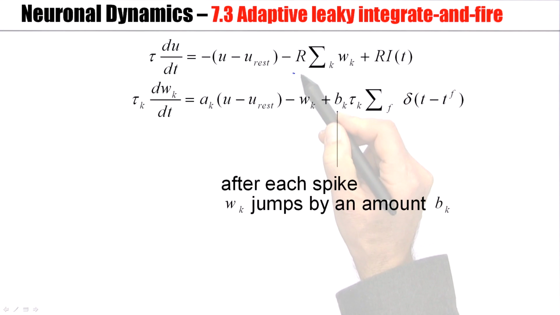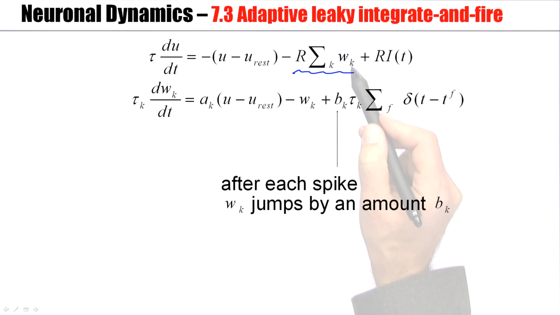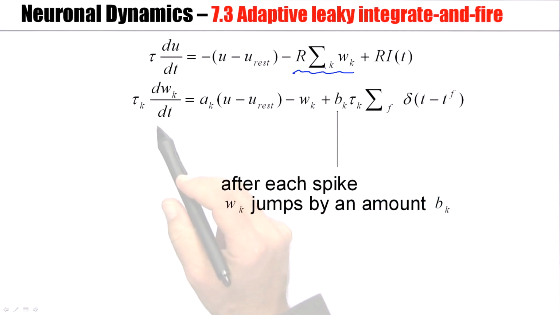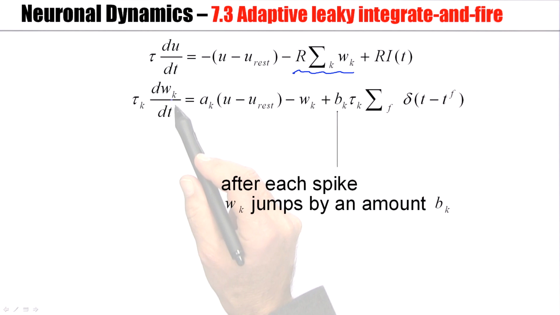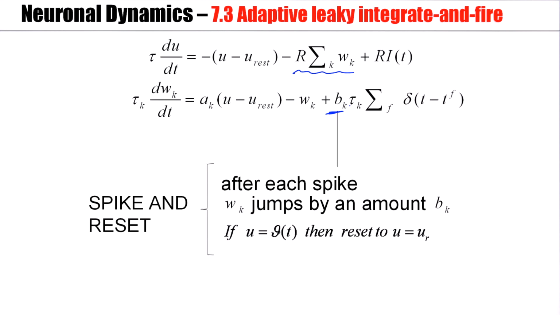Just add some adaptation currents, w_k, maybe 5 different adaptation currents, and each adaptation current, w_k, is controlled by the linear differential equation that we have seen before, where this parameter b_k controls the jump size at the moment of the reset. The voltage itself is reset to u_r.